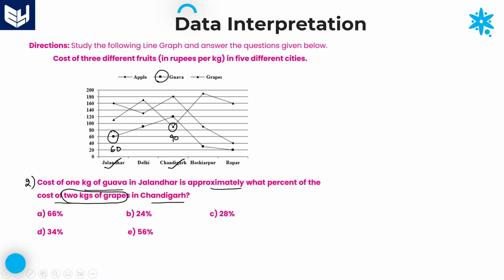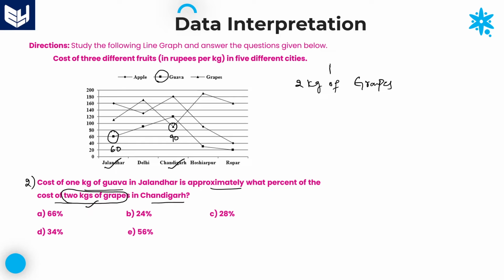That value is 90 rupees per kg. Grapes cost in Chandigarh city is 90 rupees per kg, but we need to take 2 kgs of grapes.